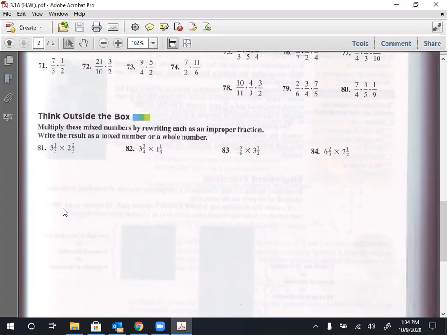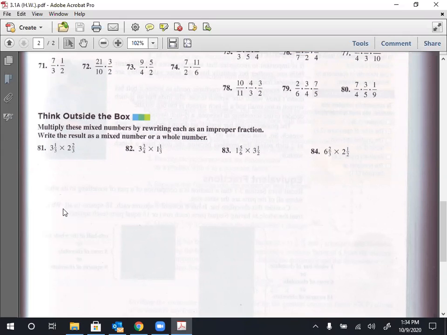Then the same thing with 2 2/3: 3 times 2 plus 2 over 3. So I end up with 9 plus 1 over 3 times 6 plus 2 over 3.